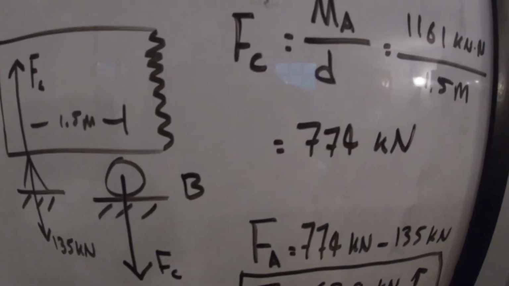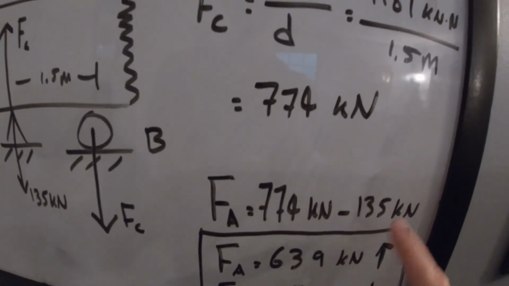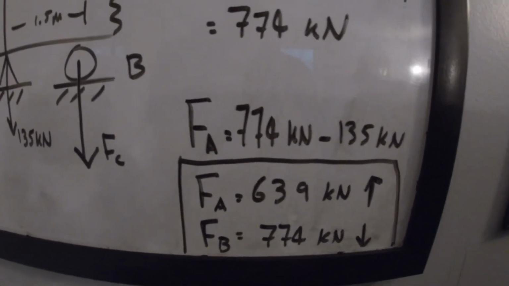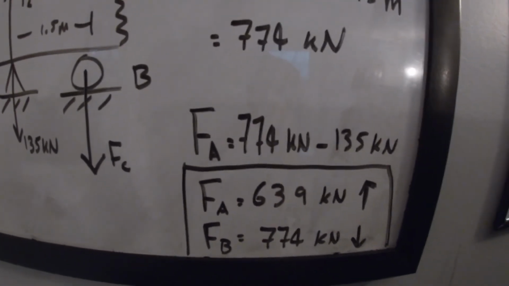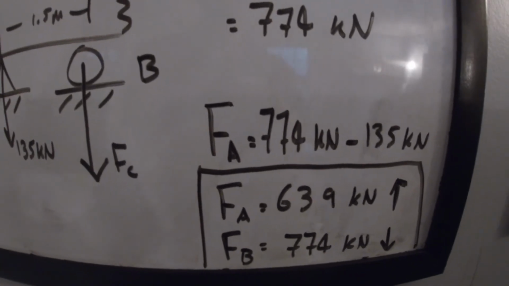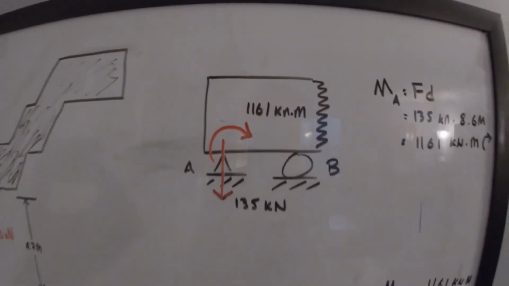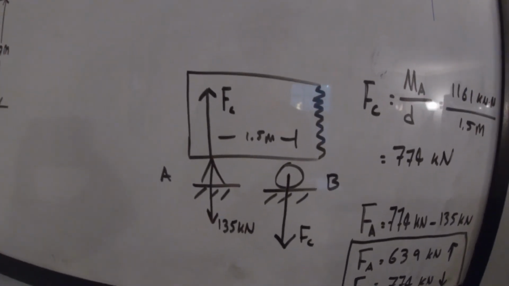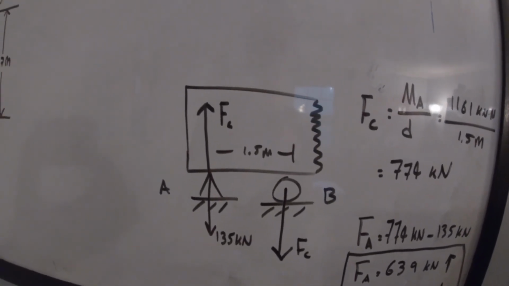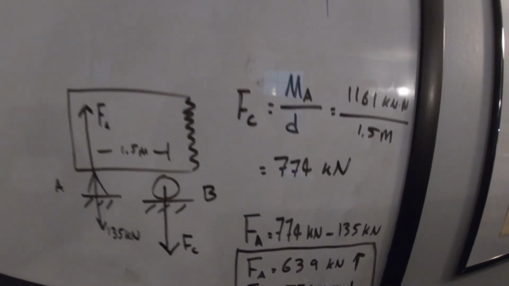So we do 774 kilonewtons minus 135 kilonewtons, and then we get our force at A to be 639 kilonewtons facing up, and our force at B, 774 kilonewtons facing down. So we've taken this loading and completely replaced it with a force couple system, and then completely replaced it by a system of two forces. We got that from, again, the definition of a couple.